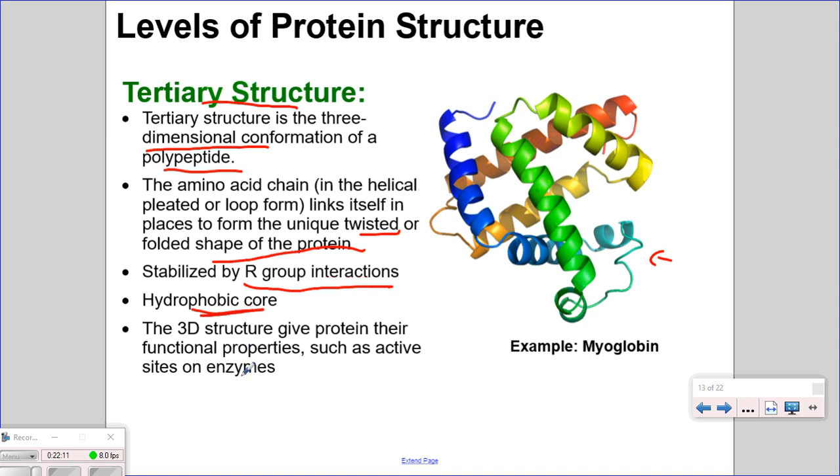The 3D structure is important because it gives the protein its functional properties. Whatever that protein is going to do, it needs that three-dimensional structure in order to have its functionality. When we talk about enzymes, which speed up reactions, they have a particular shape, and the shape of that enzyme is important for it to do its job.